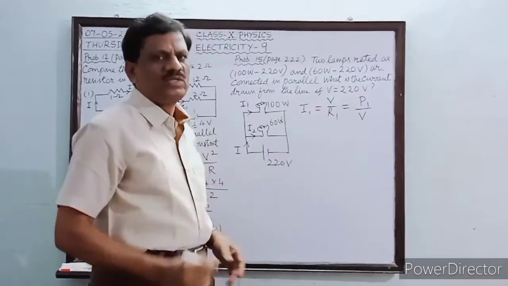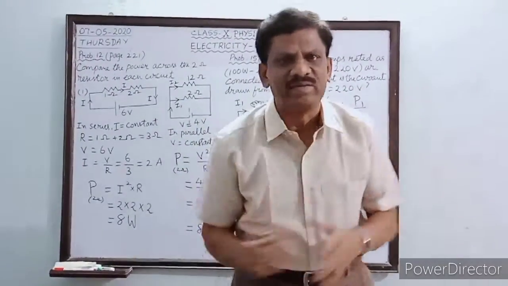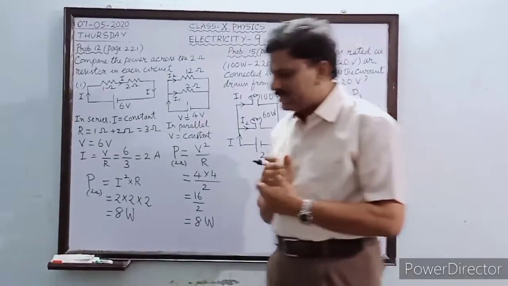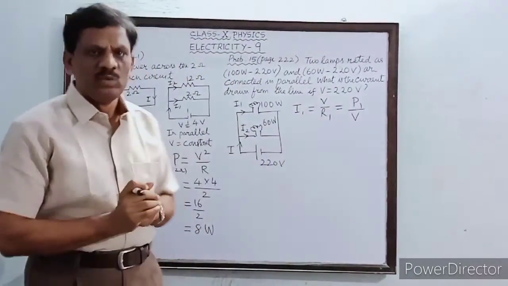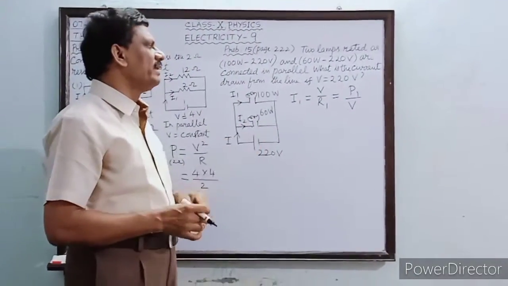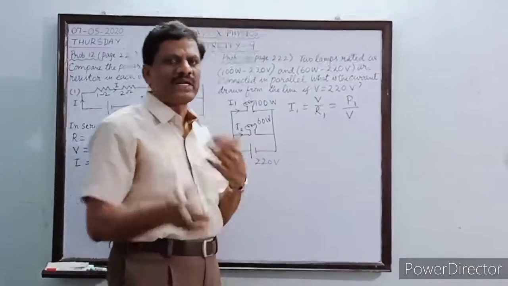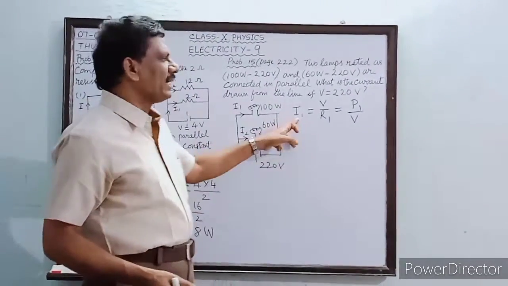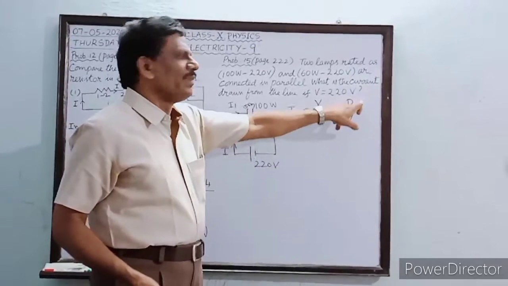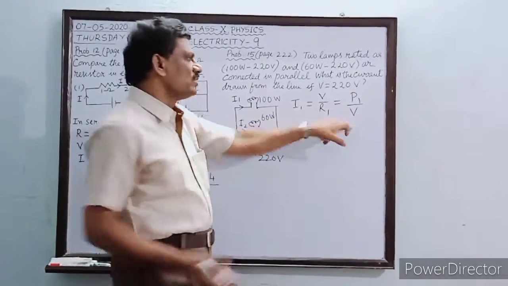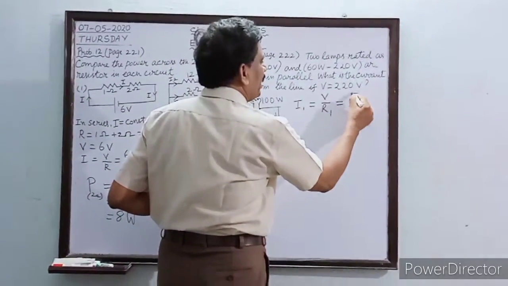Out of these two expressions, which can be used? I have written both the expressions. You remember both, but which is required here is the second one, because power is a product of voltage and current. We need the current. Voltage is given, power is given, so this expression we can use.